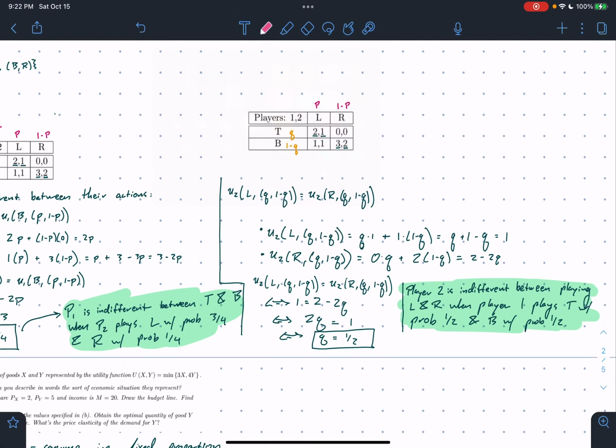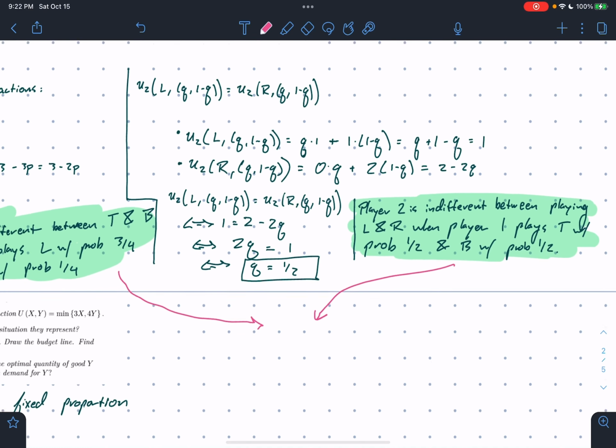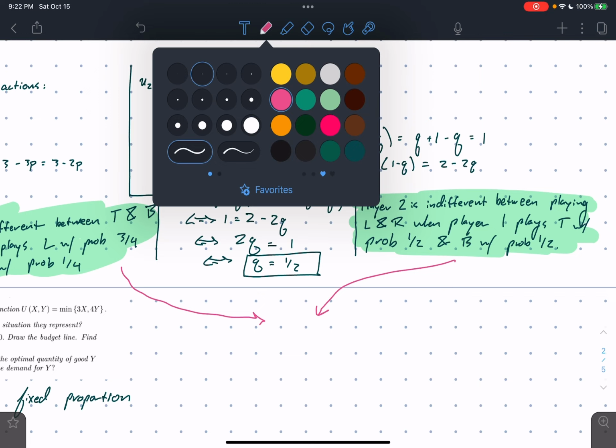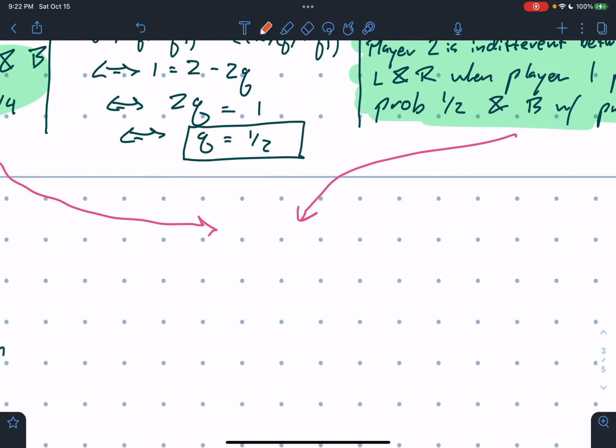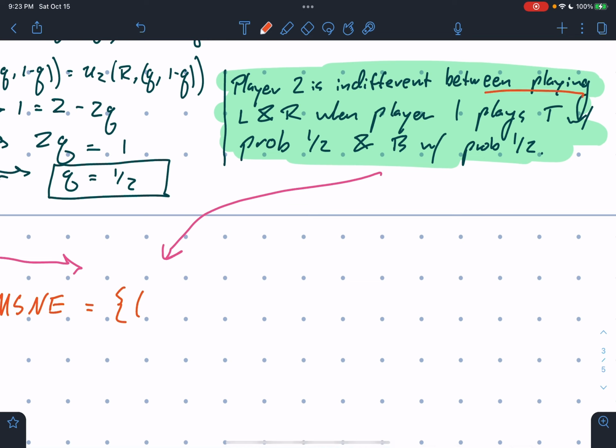So if I draw a little arrow down from both of these, the mixed strategy Nash equilibrium is going to consist of the following. We need player 1 to play T with probability 1/2 and B with probability 1/2.